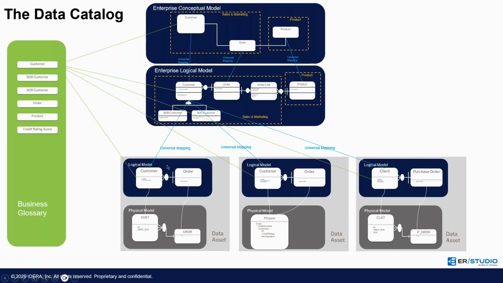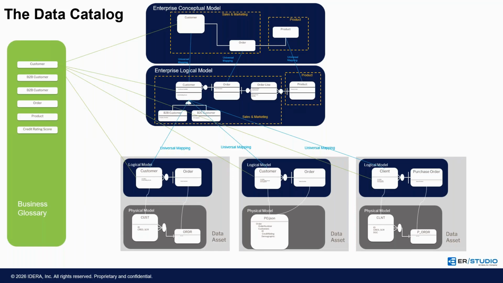Now, it may not directly map these one-for-one. Customer doesn't always store the same information. It may store slightly different information. It may have slightly different structures depending on the needs of individual projects or parts of the business.